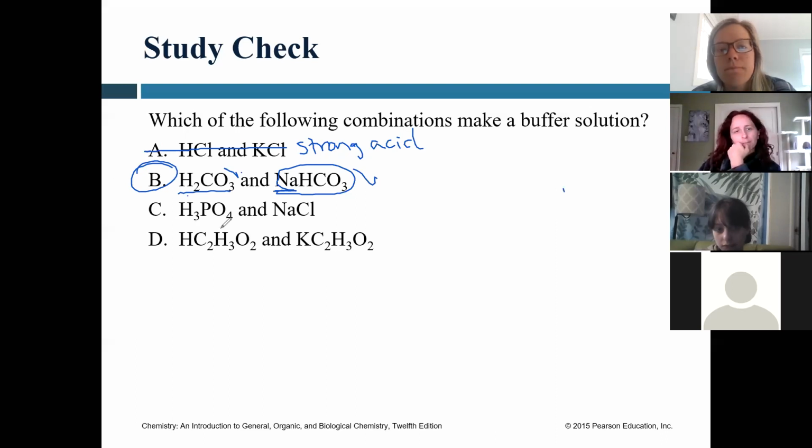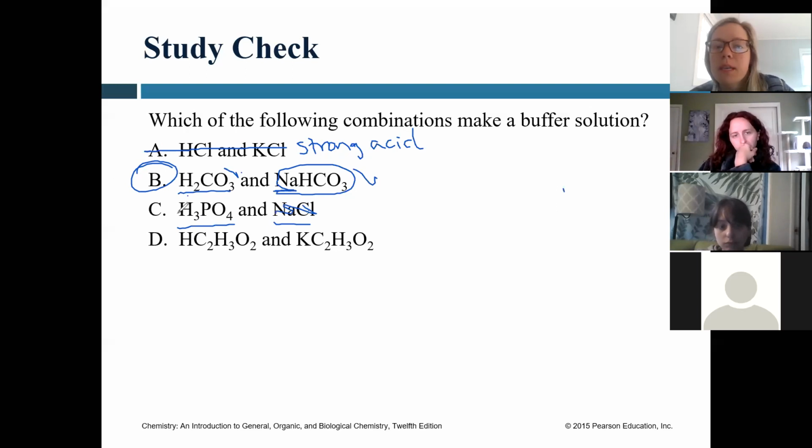Let's look at this next one. Is this a weak acid? Yes, it is a weak acid, so I like that. Is this its conjugate base? No, this doesn't correlate to this at all. That makes no sense.